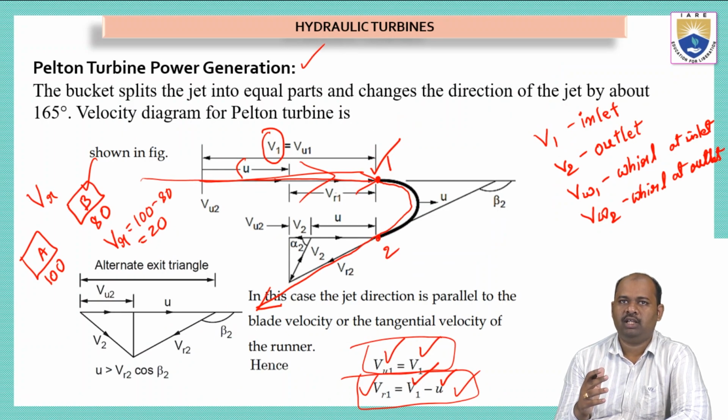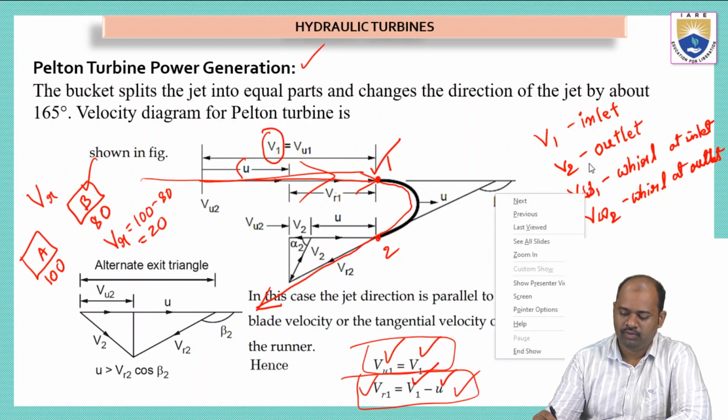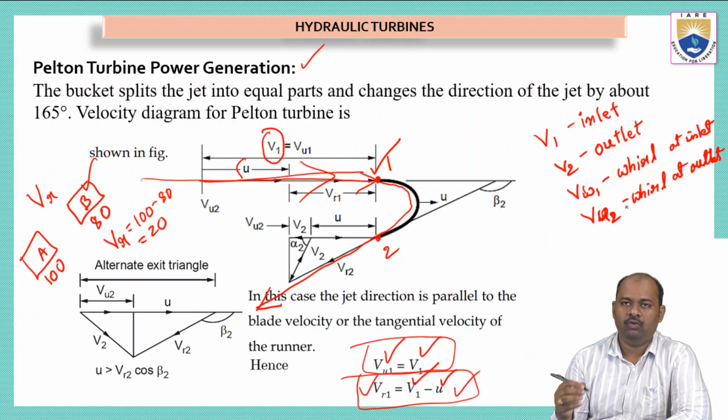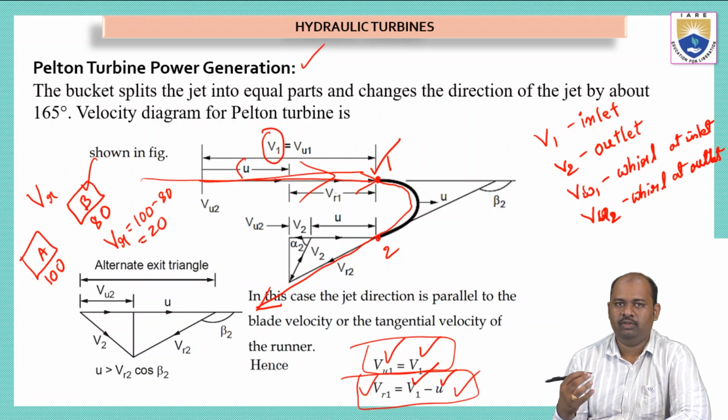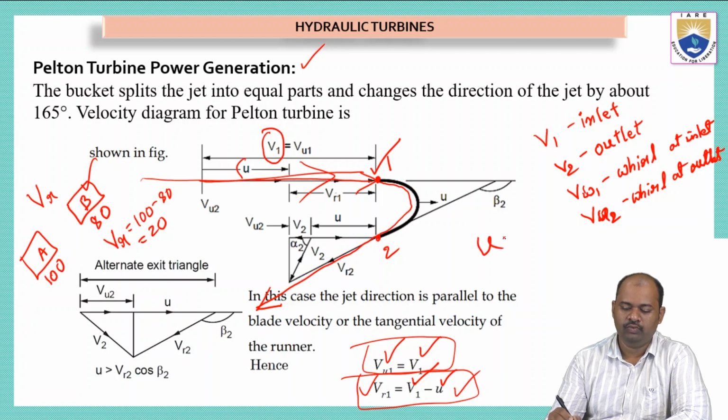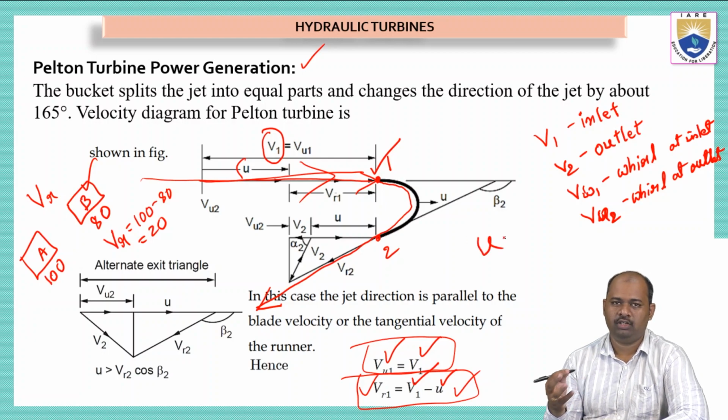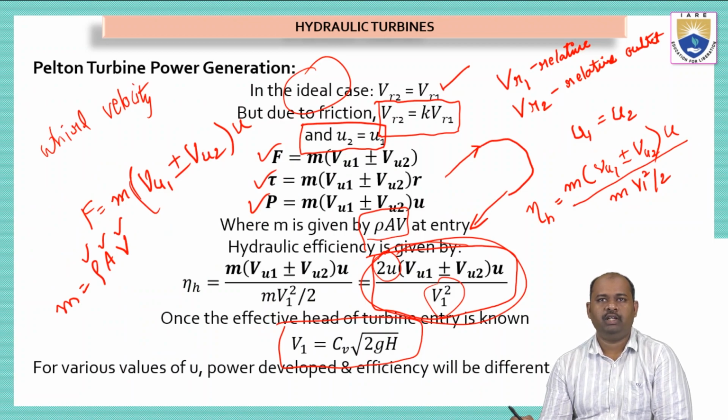And then we have the Pelton wheel turbine velocity diagram, where we will calculate the different velocities like V1, V2, Vu1 and Vu2, where V1, V2 are the velocities of the water at inlet and outlet, and Vu1 and Vu2 are the whirl velocities of water. And then we have U, which is the velocity of the bucket. Then we have the Pelton wheel calculation, where we calculated the force exerted on the bucket, and we can calculate the torque, with which we can calculate power.